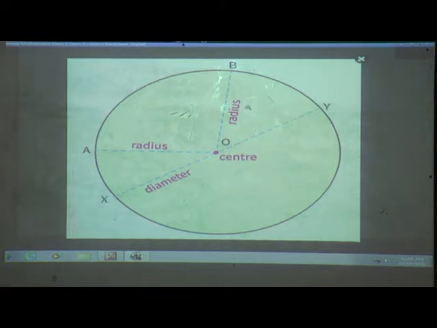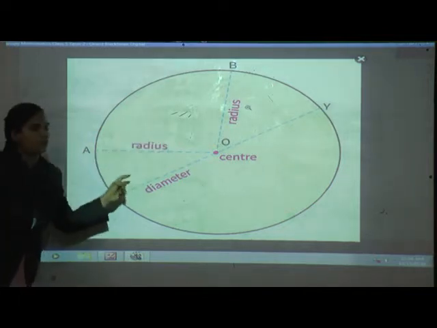XY is known as the diameter of the circle. See students, this XY is a diameter of the circle.